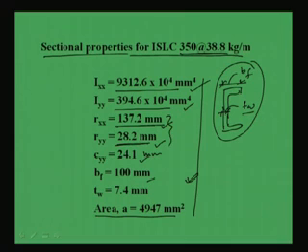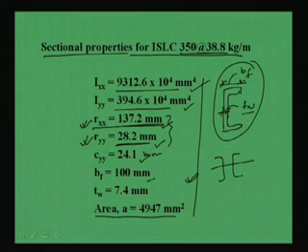So, to make the section economic, what can we do? We will place the channel sections in such a way that RXX will become equal to RYY, or IXX will become equal to IYY, so that the resistance from both directions will be the same. In a single section, resistance about this direction is very high compared to this direction.